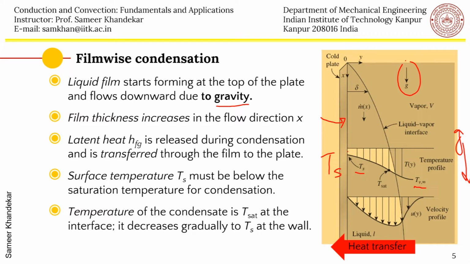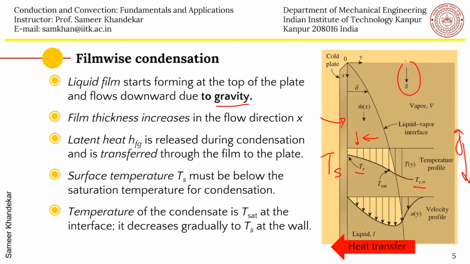So in real conditions, there will be a nonlinear variation of temperature because of the combination of conduction heat transfer through the film here, and the convection which is taking place because of the film movement downwards.